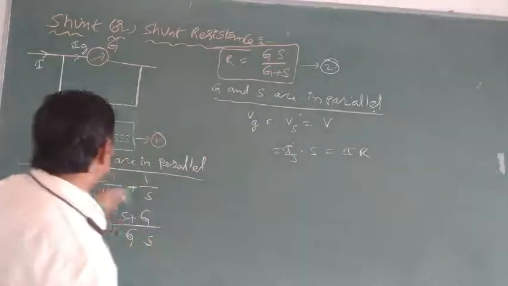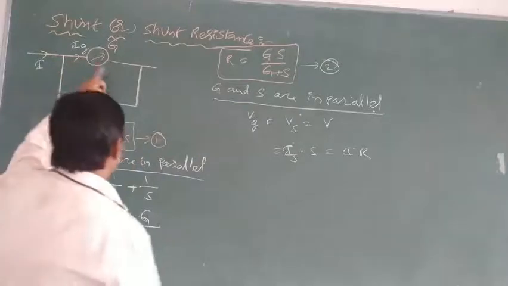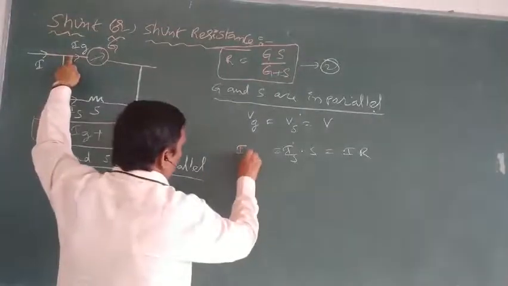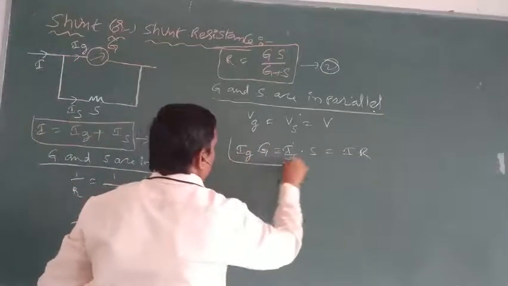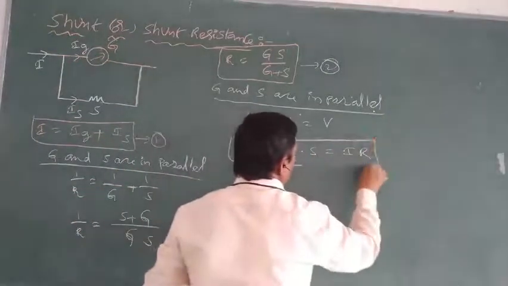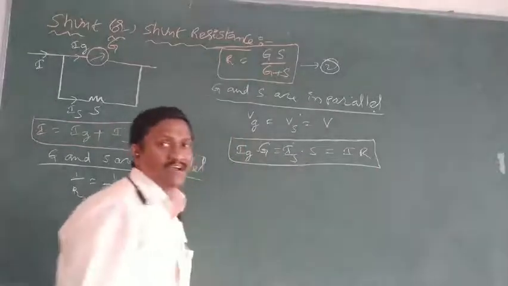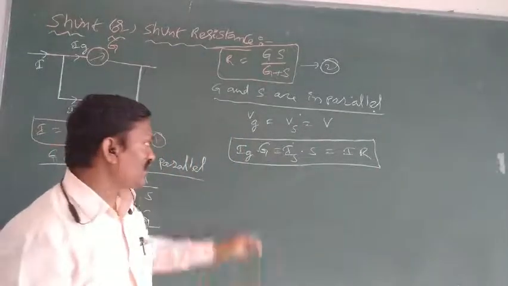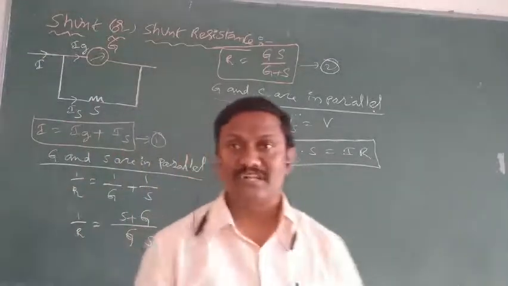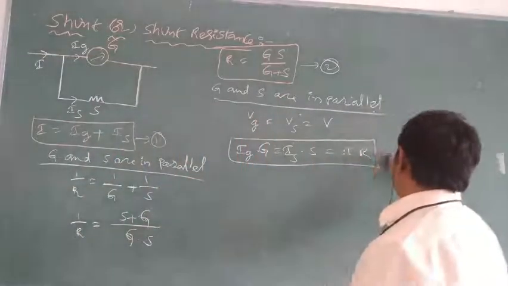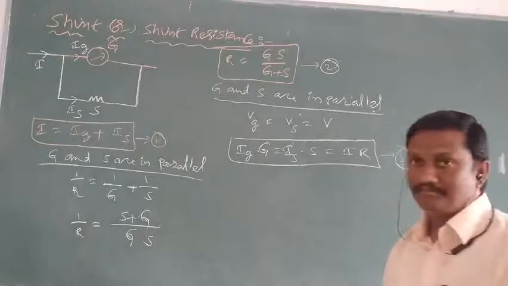It is also equal to the product of current into resistance. Here the current value is Ig and the resistance value is G. So in parallel combination, the applied potential IR, the potential difference across the galvanometer and the potential difference across the shunt resistance are all equal. Assume it is equation 3.